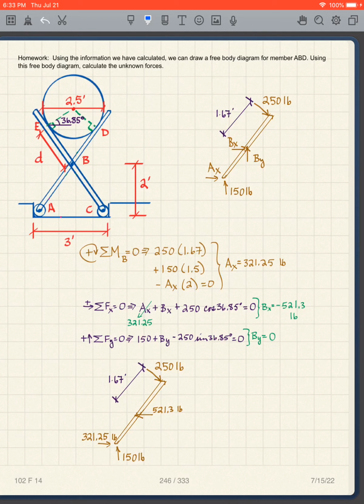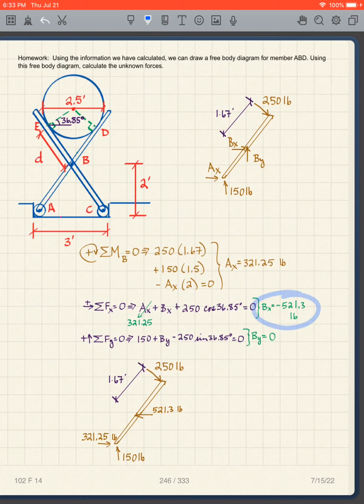And then I can take the sum of the forces, so that gives me AX. Now what about BX and BY? Of course, we can take the sum of the forces in the x direction equals 0. So I have my AX and I've got BX, but then I have to do my 250. Well, I have to use that angle that we had to work hard to get. And so that's going to give me 250 cosine 36.85.